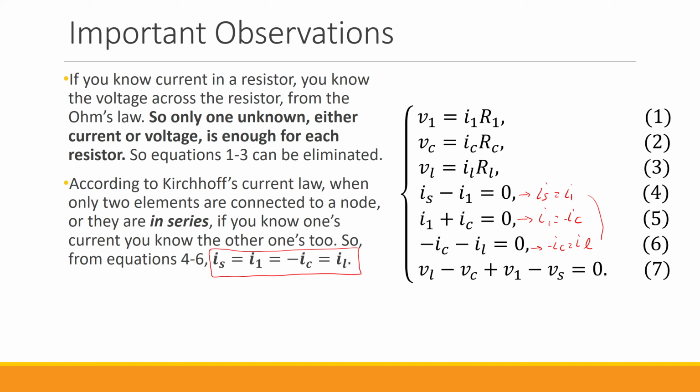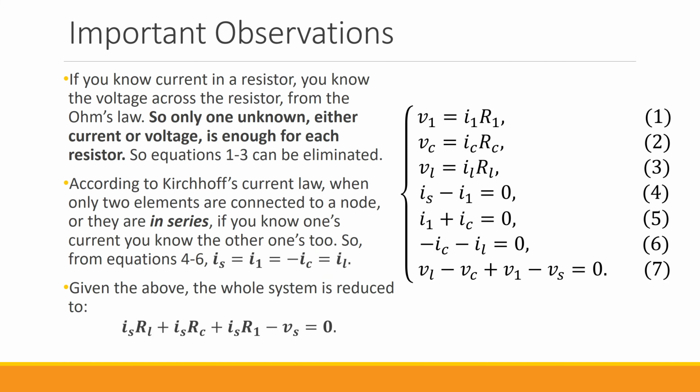So if we write everything in terms of Is, after we find the value for Is, we know I1 equals Is, we know IC equals negative Is, and we know IL equals Is again. So that's another way that we can simplify or reduce the number of equations. So if we do that, we basically write everything in terms of Is.